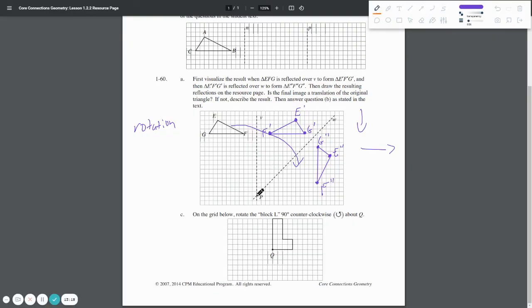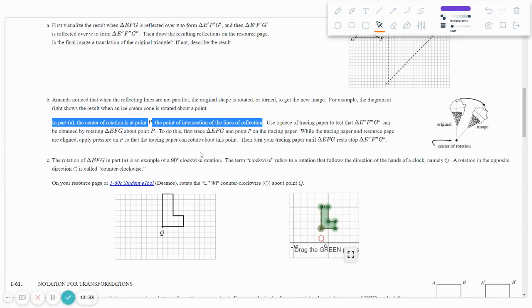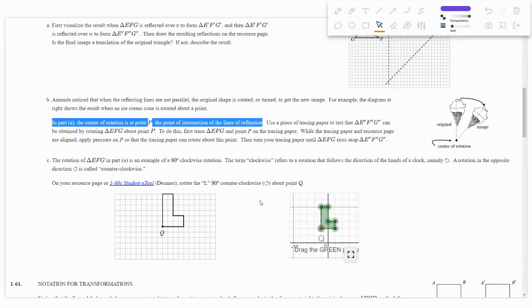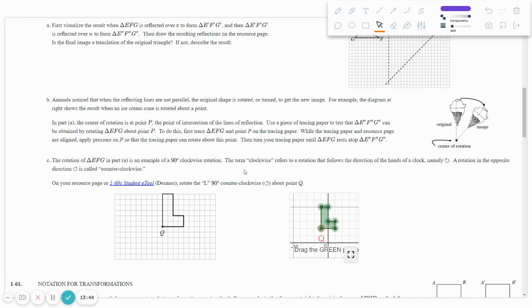This is the center of rotation as to which this triangle is rotating by. So again, this is your center of rotation. Okay. So with that in mind, where the lines intersect, line V and line W, that's where the center of rotation is. Okay. So that's how rotation works.